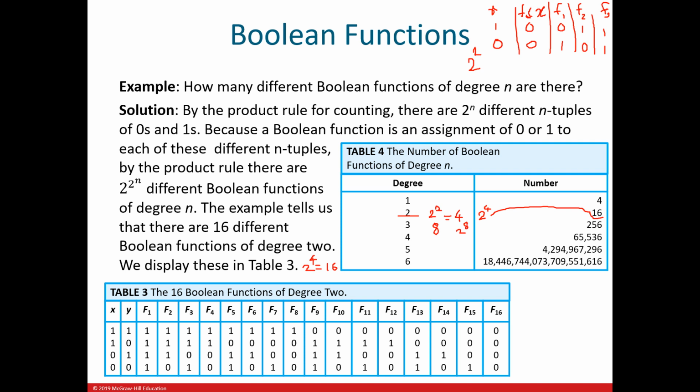When we have degree 4, meaning 4 variables, we can generate 16 rows, and the number of functions we can generate is 2 raised to 16, which is this number, about 65,000, and so on. So you can see that at only around degree 6, if we have 6 variables, we can generate an almost huge number of functions.